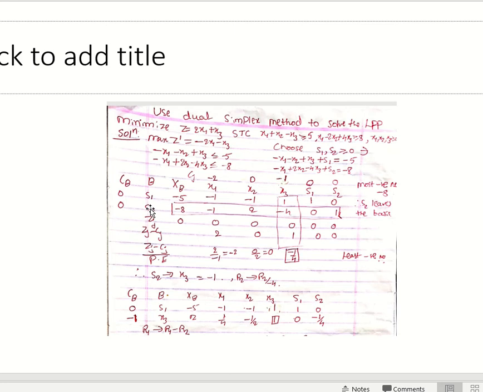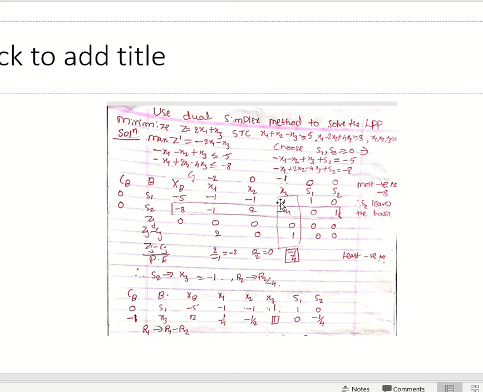So what we have to check here? The most negative number is minus 8 here. Here we get the ratio, find the minimum ratio. So here minus 1 by minus 5, here minus 4 by minus 8, that is half we are getting.